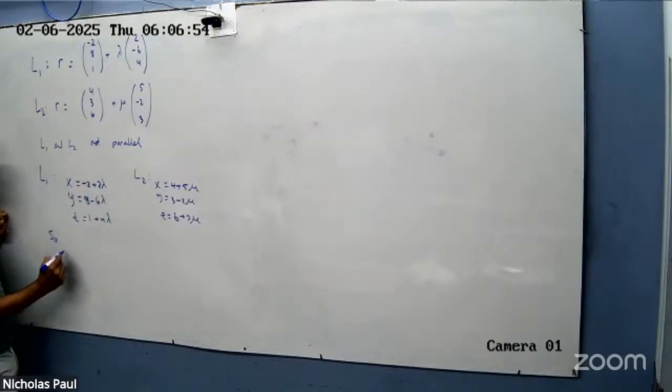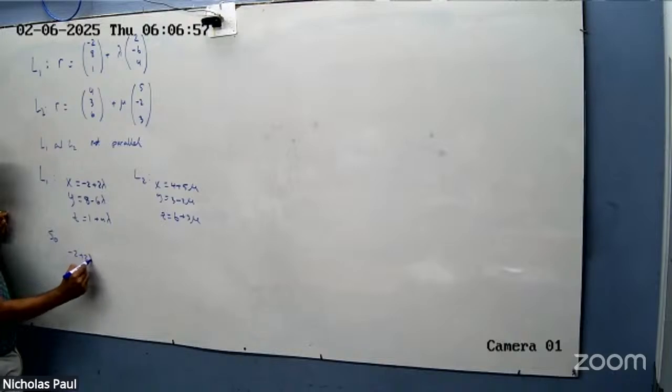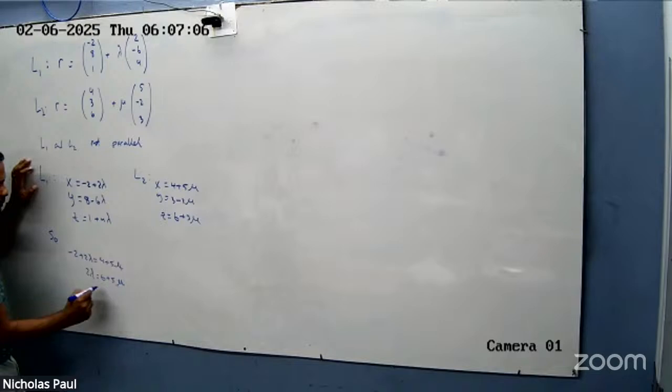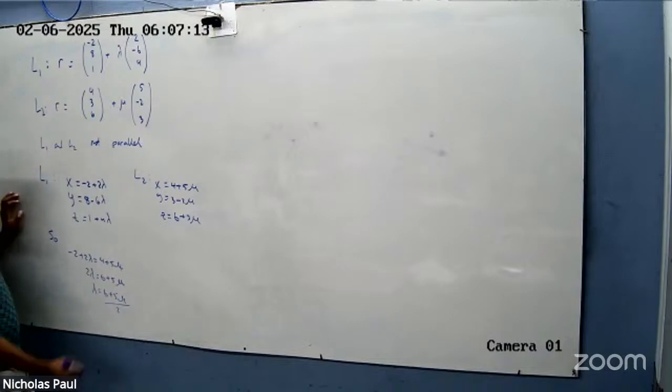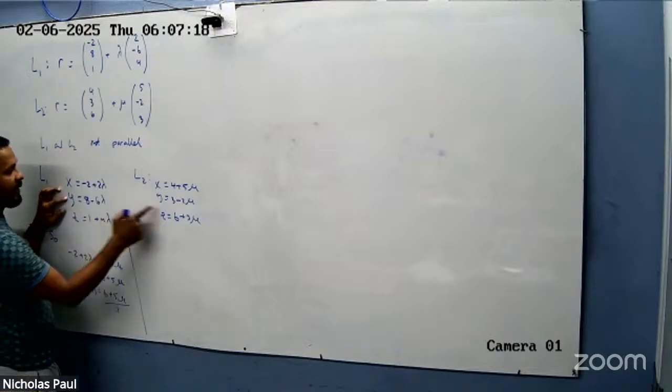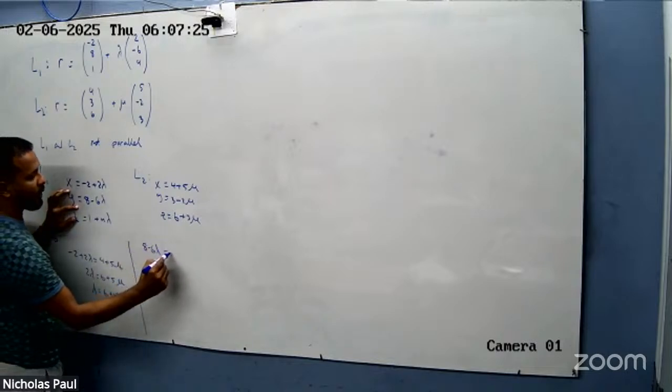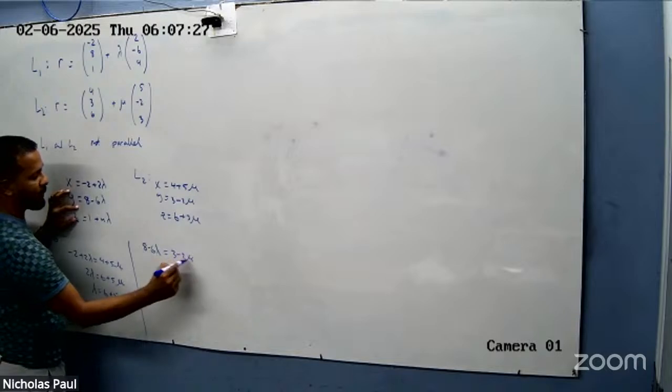And then we're going to try to solve. So we'll say that minus 2 plus 2 lambda is equal to 4 plus 5 mu. Right? So 2 lambda is equal to 6 plus 5 mu. Lambda is equal to 6 plus 5 mu, all over 2. Not looking too nice, but we should be able to still solve it. Make these two equal: 8 minus 6 lambda is equal to 3 minus 2 mu.